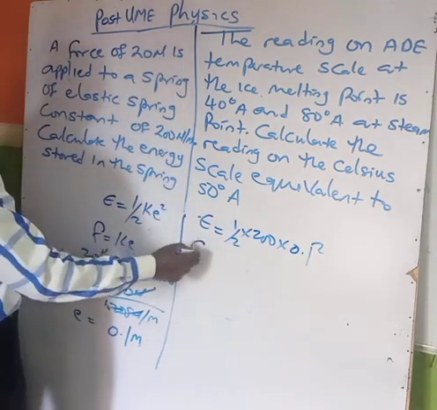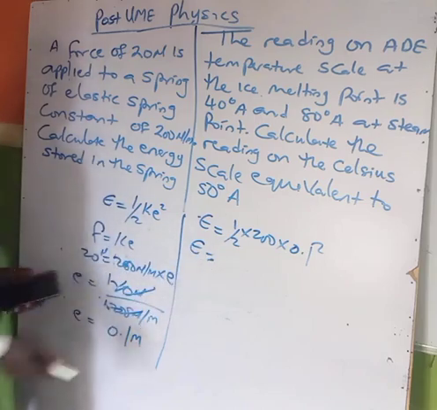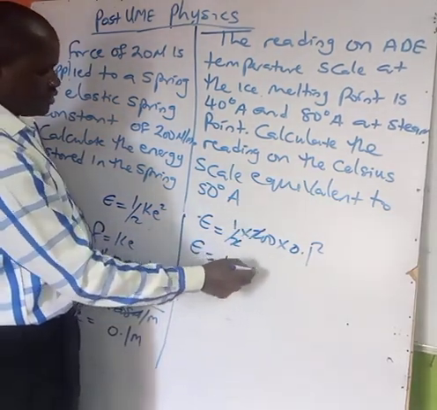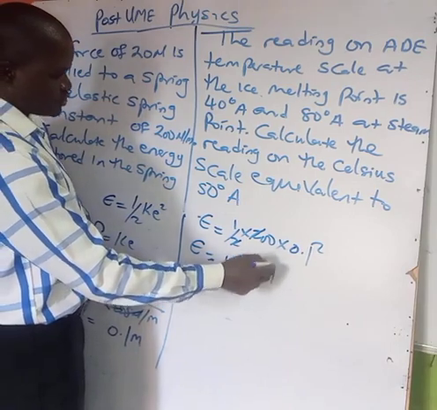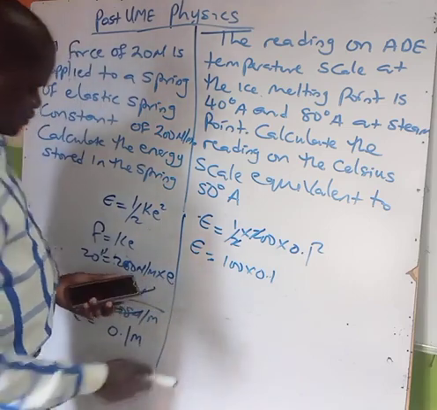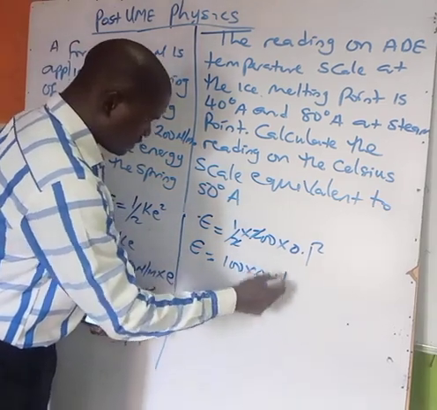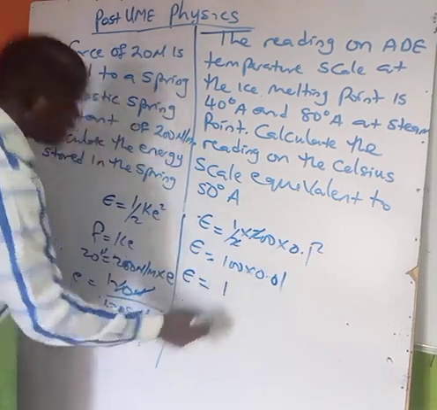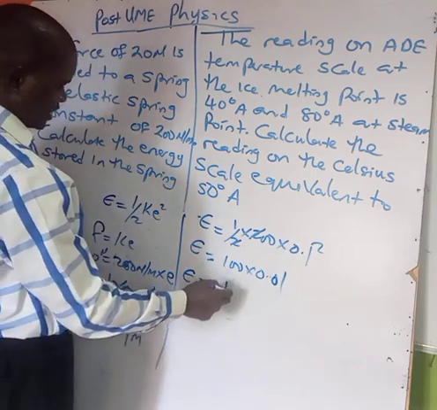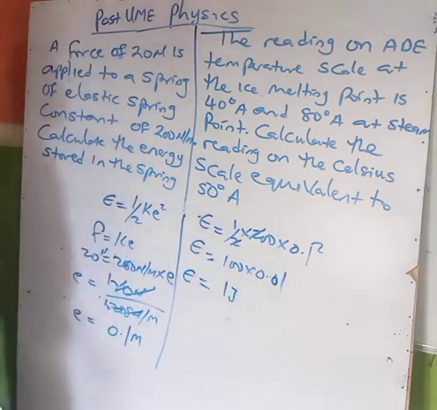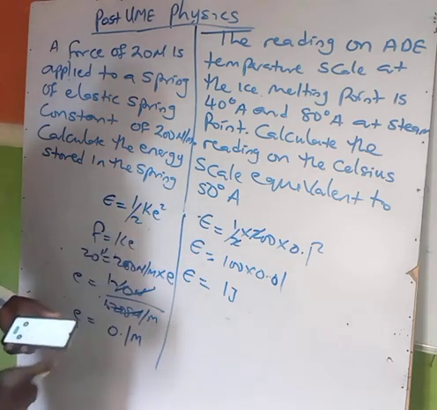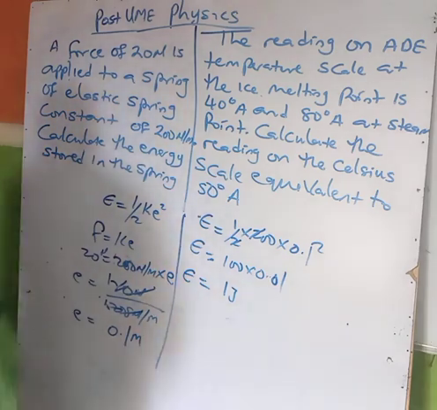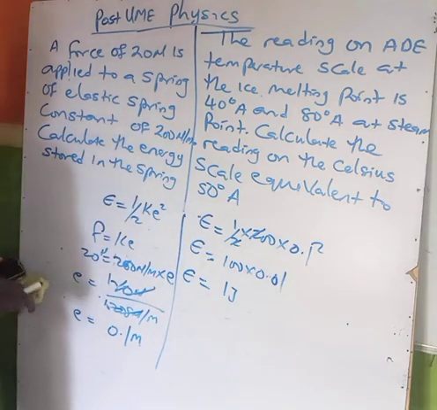So this cancels, and you have 100 multiplied by 0.1 squared. 0.1 squared is 0.01. If you multiply it together, you are going to get 1 joule. That's the energy stored in the spring.